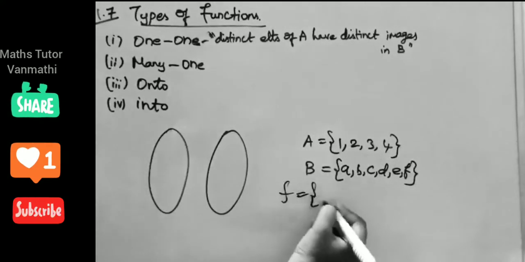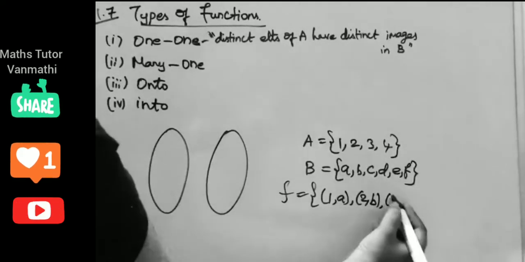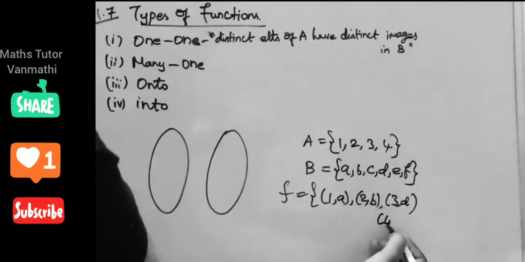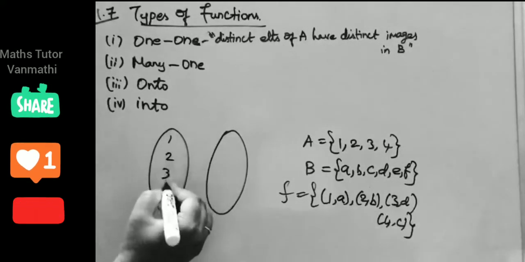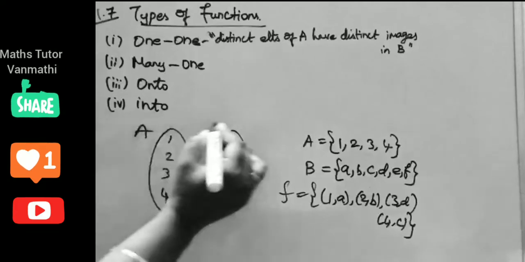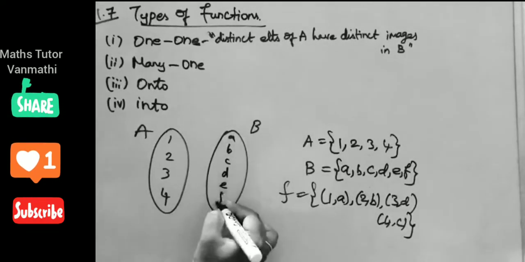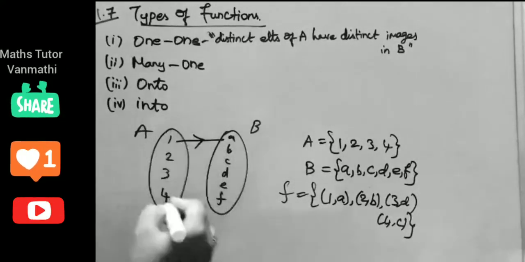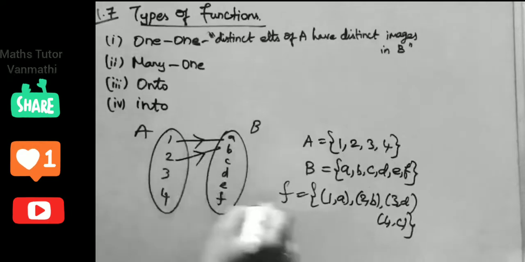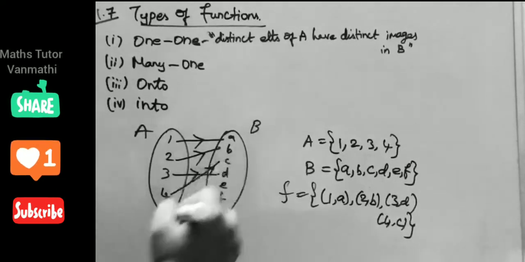The function given is (1, a), (2, b), (3, d) and (4, c). So write 1, 2, 3, 4. This is your A set. This is your B set: a, b, c, d, e and f. So mapping starts from 1 to a, 2 to b, 3 to d, 4 to c.